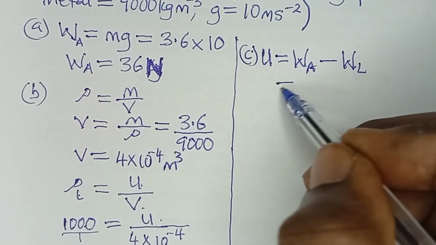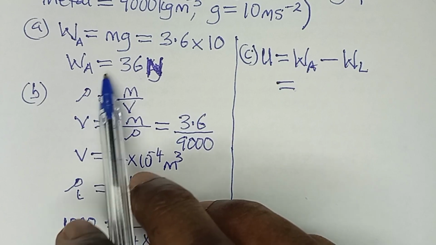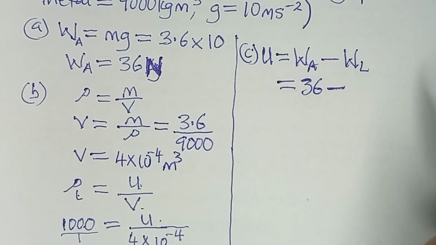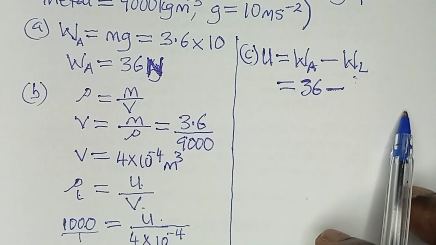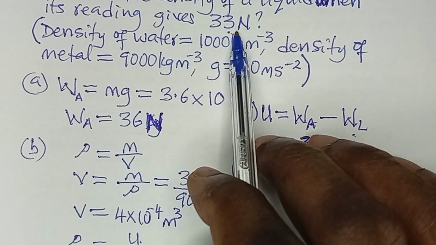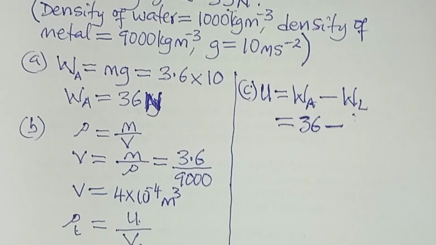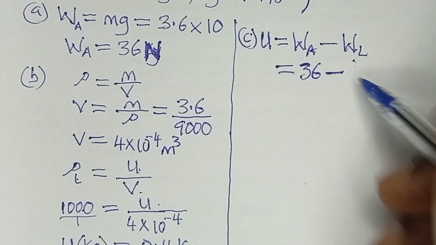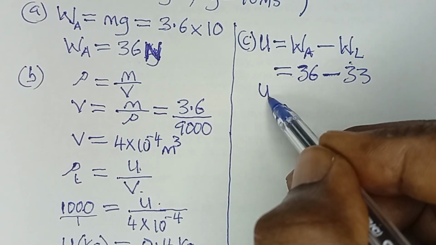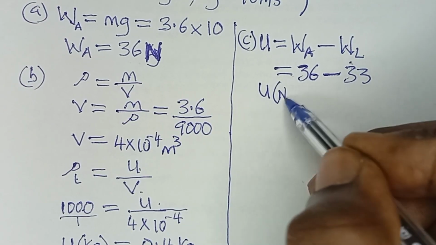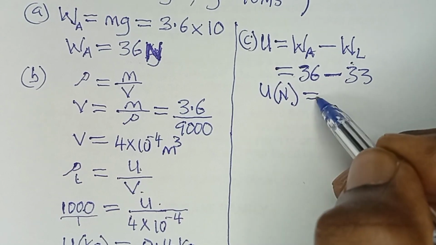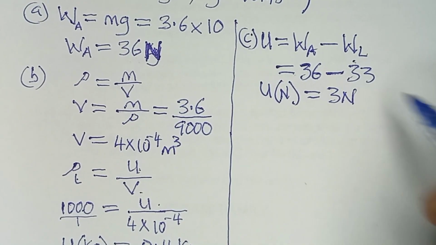So that will be 36 Newton minus the weight in the liquid. We are told that it weighs 33 Newton in the liquid. So we subtract that value, minus 33. This time, don't forget the upthrust is in Newton. 36 Newton minus 33 Newton will give us 3 Newton.